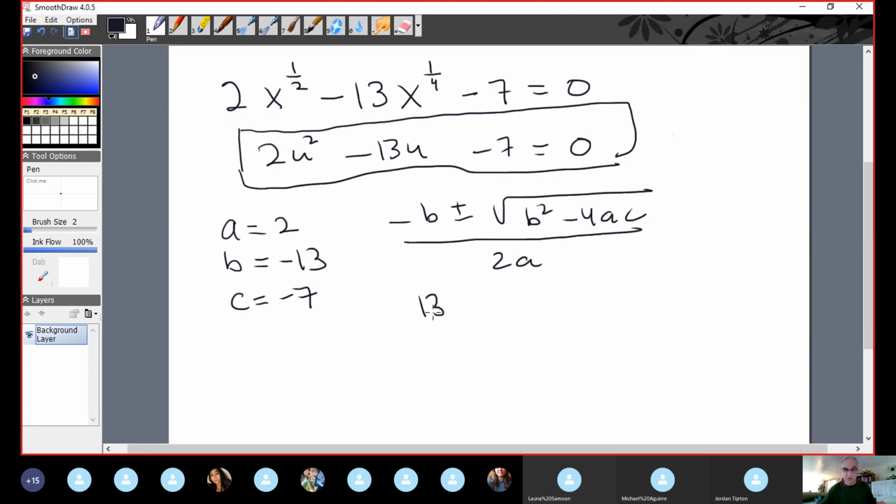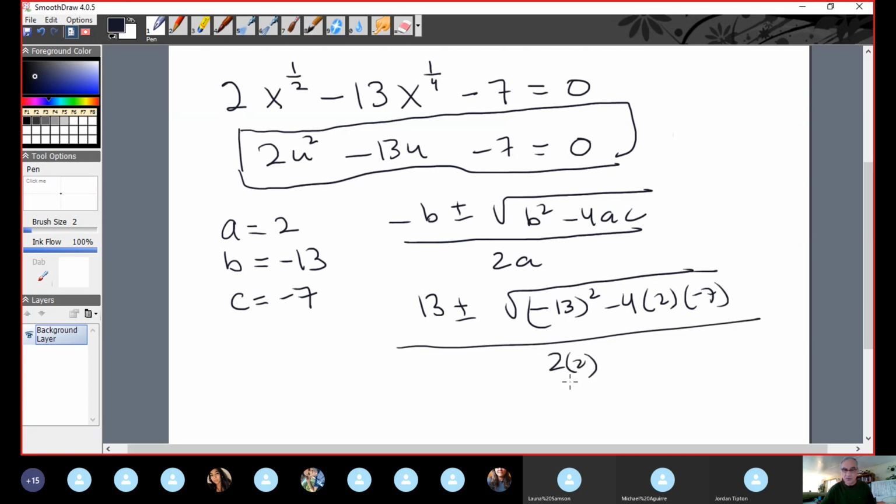So 13, double minus becomes positive, plus or minus the square root of -13 squared minus 4 times 2 times -7, divided by 2 times 2. -13 squared, I put in my calculator, is 169, positive. And the double minus becomes positive. 4 times 2 is 8, times 7 is 56. Together it is 225. And the square root of 225, I put in my calculator, is 15.